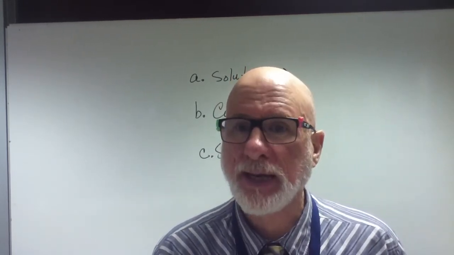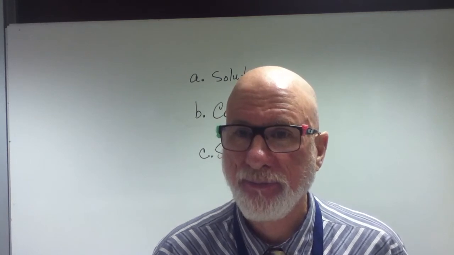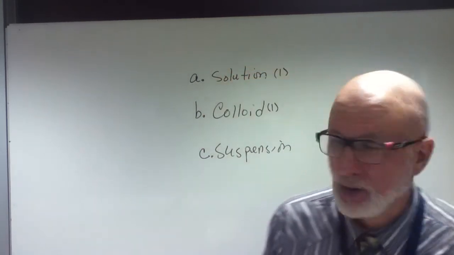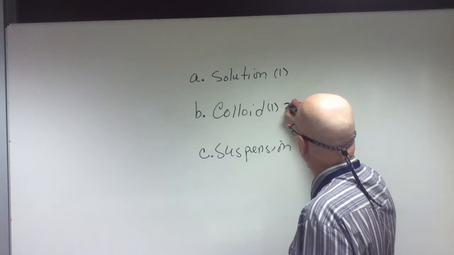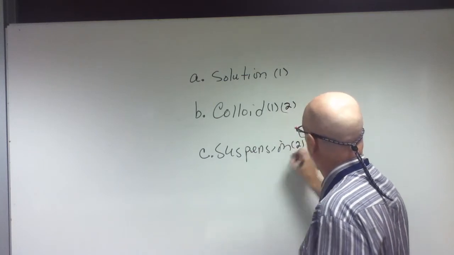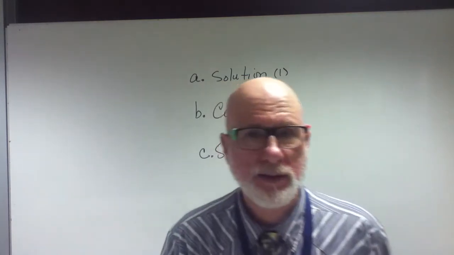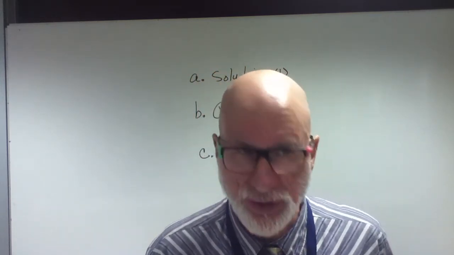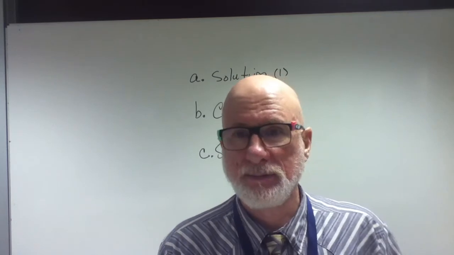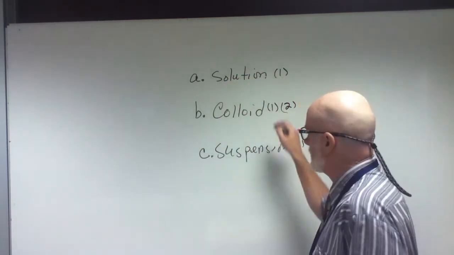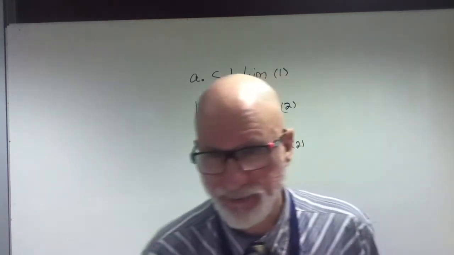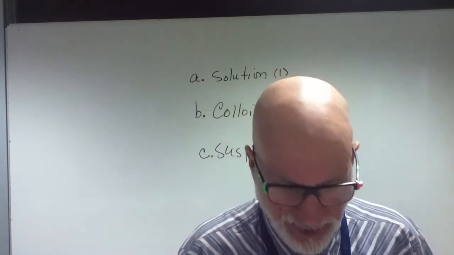Okay, what do you got, Anna? A colloid and a suspension. They're heterogeneous, even though the colloid won't settle and the suspension will. I'm sorry, I lost my place for a second.